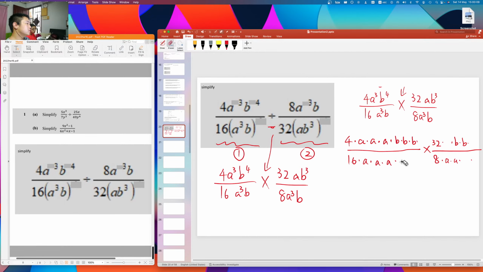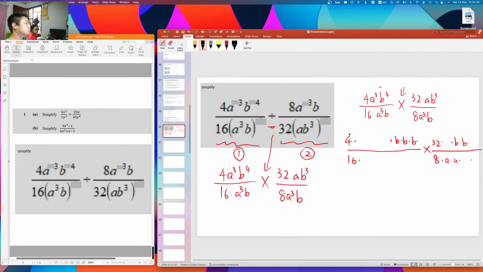So you just do it step by step. How many a? 3a. You can do it in one go. So now what you are left with on top: 4, 3b's multiplied with each other, 32, then you have 2b multiplied with each other.